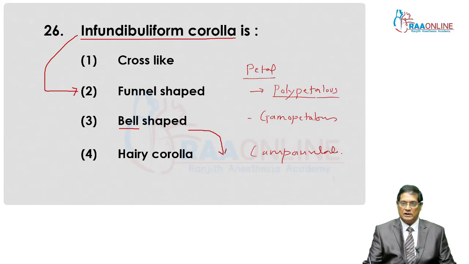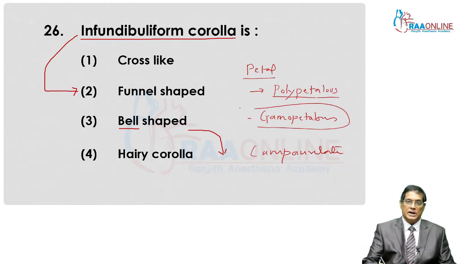So funnel-like, that is infundibuliform, and bell-like, that is campanulate, are both good examples of gamopetalous corolla.